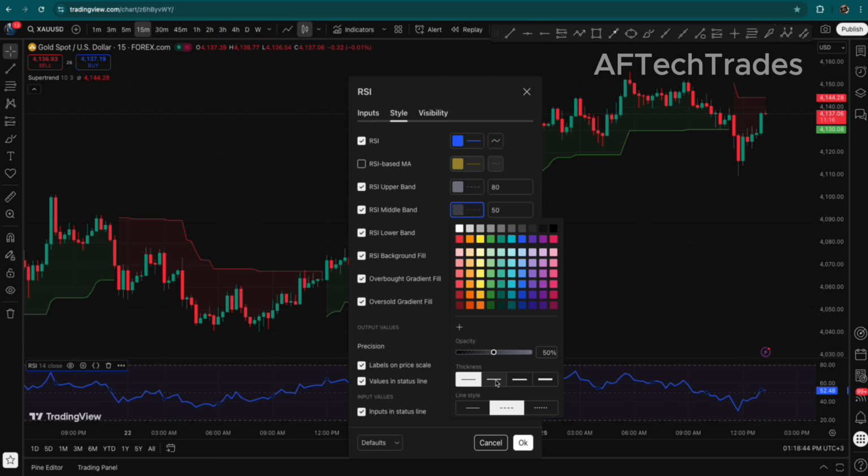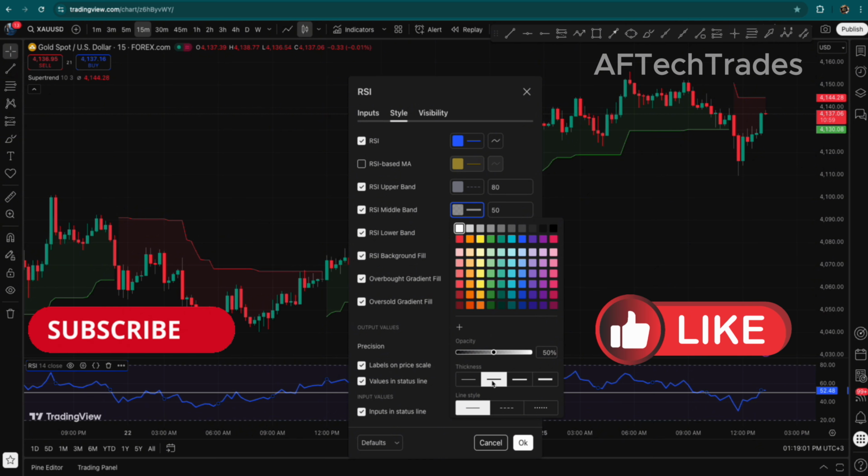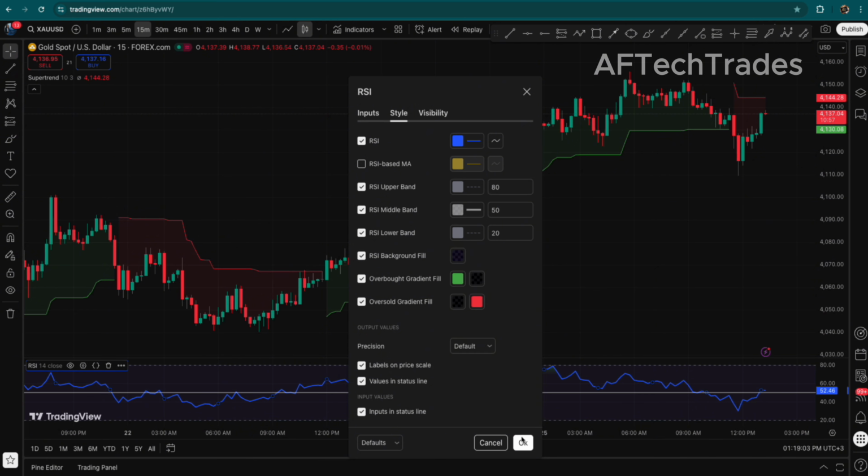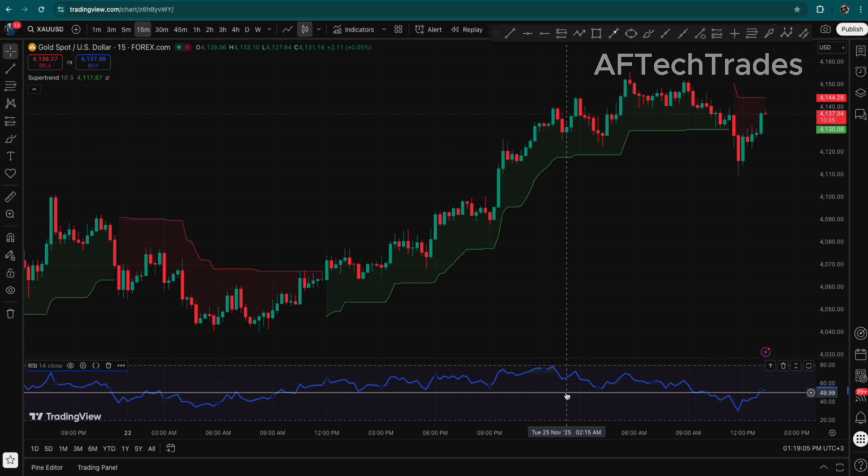You make it thicker and you change the color to something very visible. Let's say white, for example. You can change it to a solid line if you don't want a dotted line. Like this, you can see this is the 50 line.